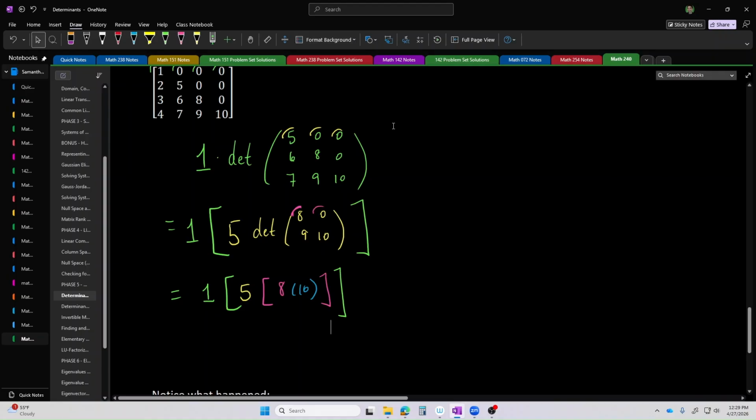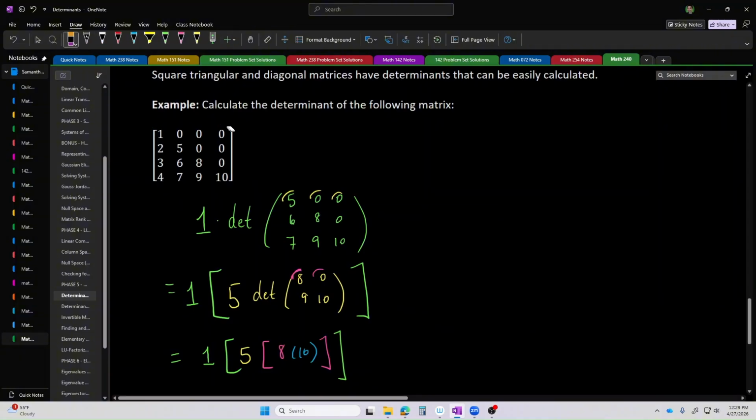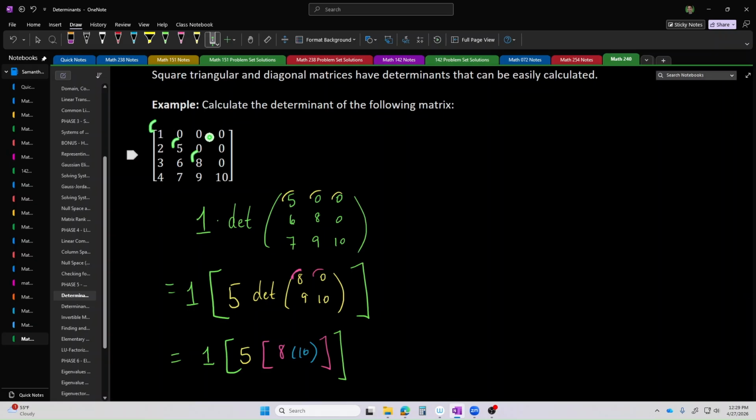Let's compare that result to what was happening in the original matrix I was given. The values 1 and 5 and 8 and 10 are the values that are showing up on the diagonal of this matrix. 1, 5, 8, 10.